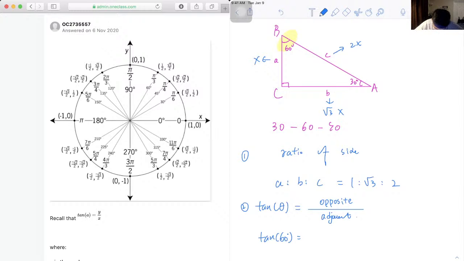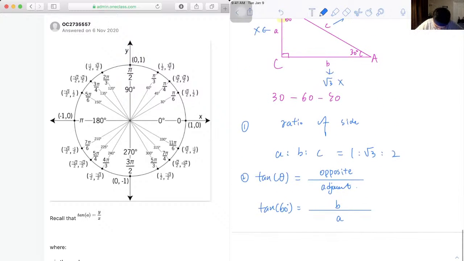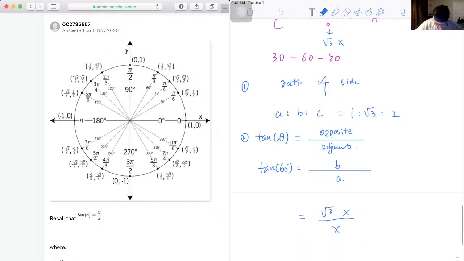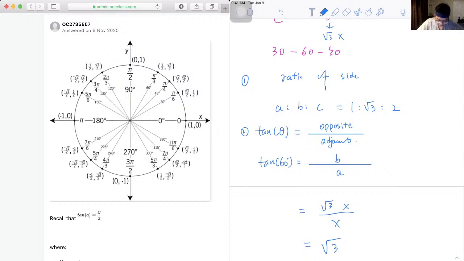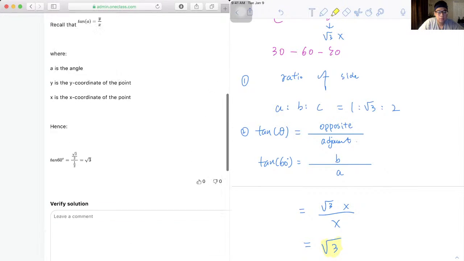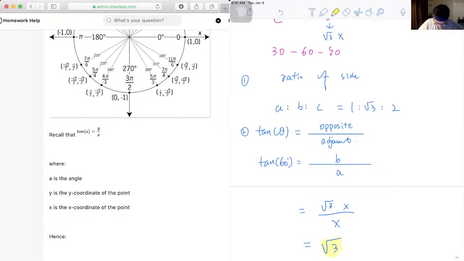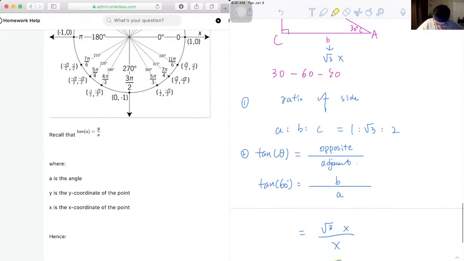So the opposite is going to be B, and the adjacent will be A, because we know C is the hypotenuse. So we know B is root 3 x, and A is just x. So tangent 60 is equal to root 3. Okay? Yep. So our answer is correct.